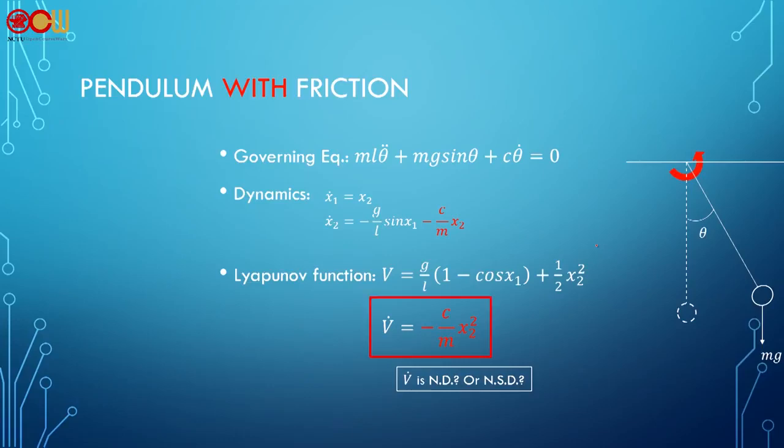That means not only the origin can make this one to be zero. The best you can conclude is stable because x1 is not constrained. No matter what x1 is, V dot will be negative until x2 is 0. So V will not necessarily converge to 0. As long as x2 is 0, V will be a constant, which is not necessarily 0.